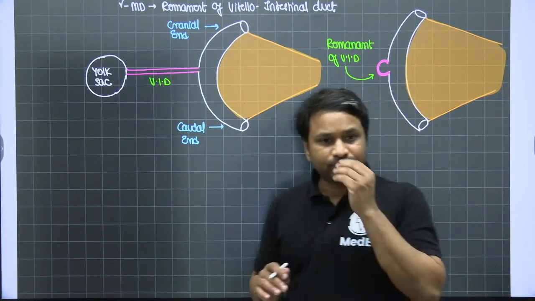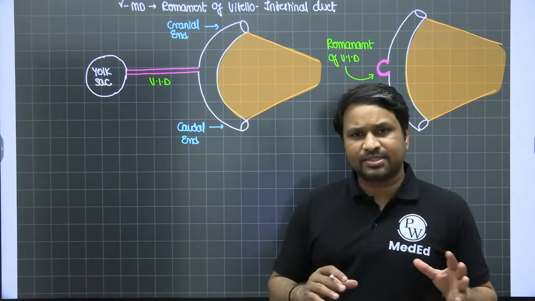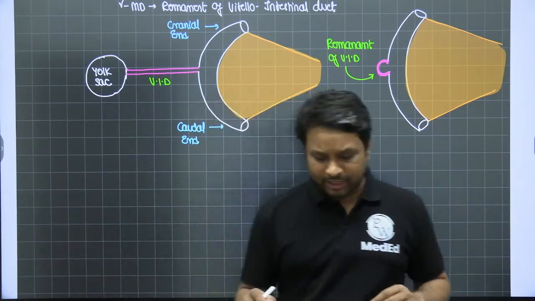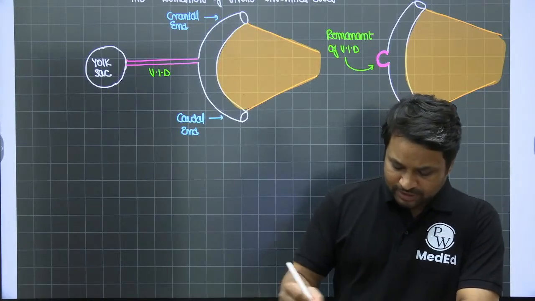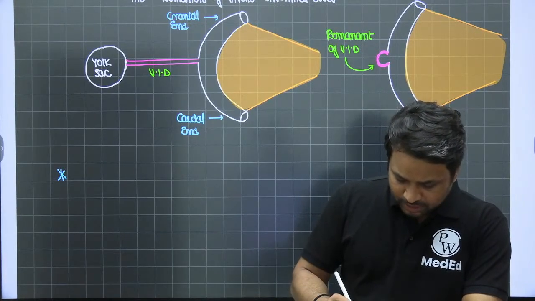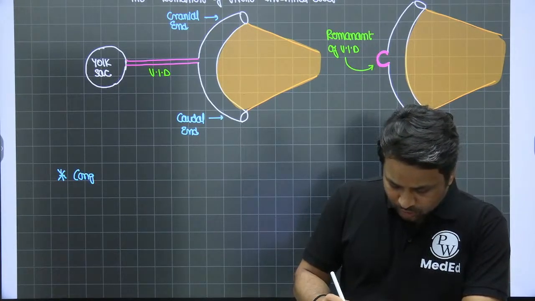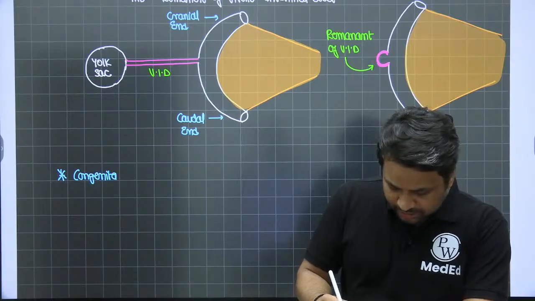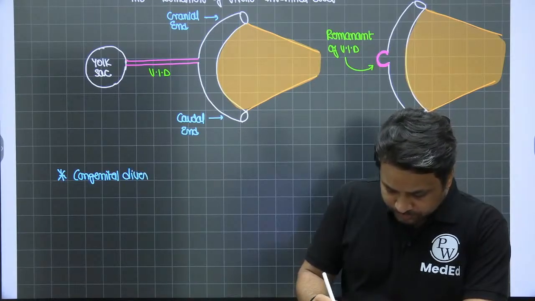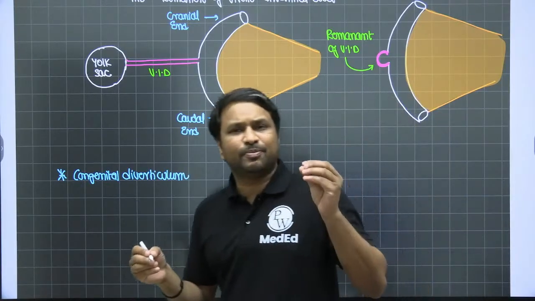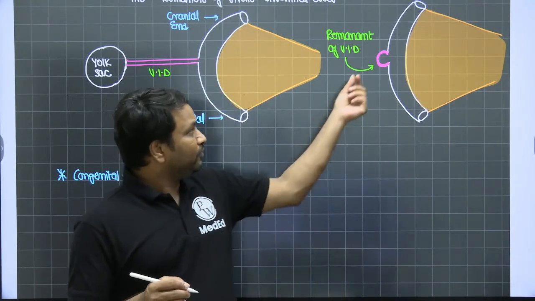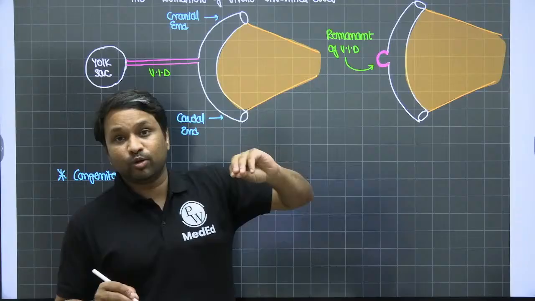Now, a couple of important things about the Meckel's diverticulum, and then we'll dig deeper into it. One thing that you need to understand: the diverticulum that is formed here is present since birth. So I can say this is an example of a congenital diverticulum. Now, is it going to involve the entire wall or only the mucosa and submucosa?